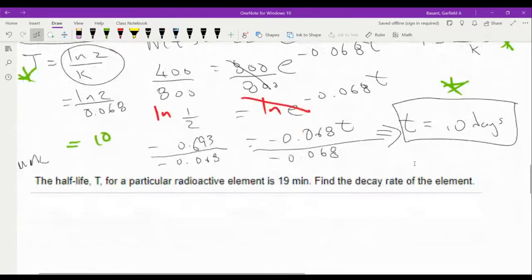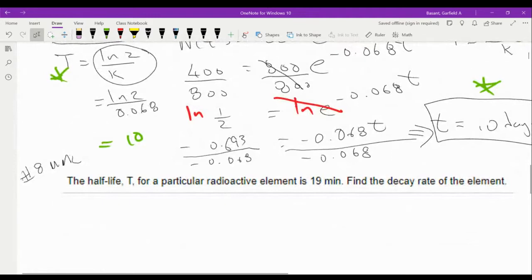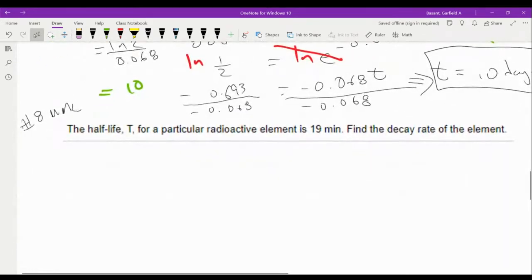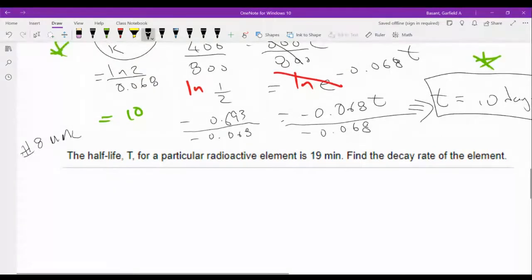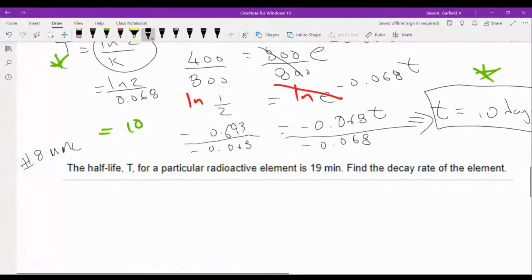All right, so let's look at the next problem in MyMathLab. Hey, look, number 8. It says the half-life for a particular product is 19 minutes. Find the decay rate of the element. I wonder which formula we're going to use for this. What do you think we're using?